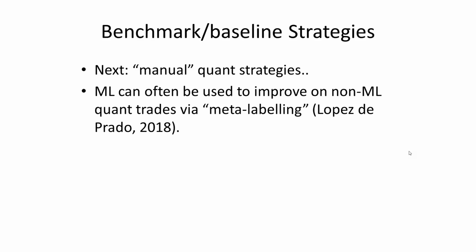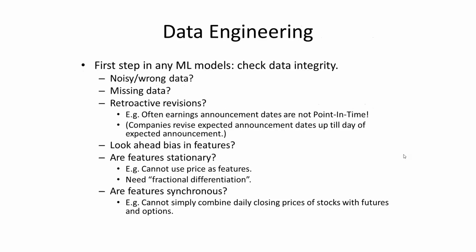Because if you're going to come up with a strategy from scratch, it is really hard to beat existing quant models. But if you already have an existing model, whether it's created by a quant or a discretionary trader or whatnot, or a shallow machine learning model, you can improve on it. So then, by definition, if the machine learning model has any sort of accuracy, you are going to outperform the base strategy. So meta labeling is one way of doing that.